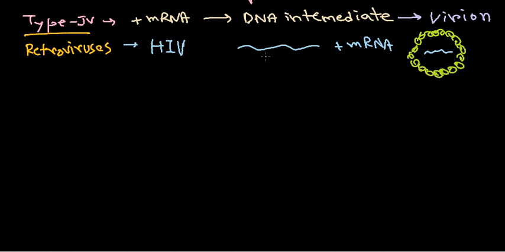Remember, in the previous cases, what we studied is that if we use positive mRNA as a template, we can produce negative mRNA, and if we use negative mRNA as a template, we can produce positive mRNA. Now, in this case, we use positive mRNA as a template, but we produce a DNA strand complementary to that, right?